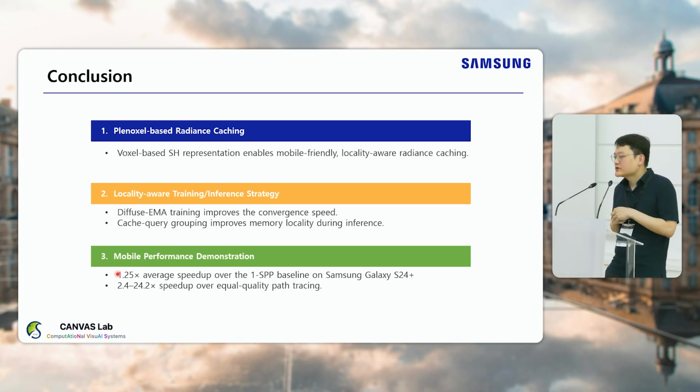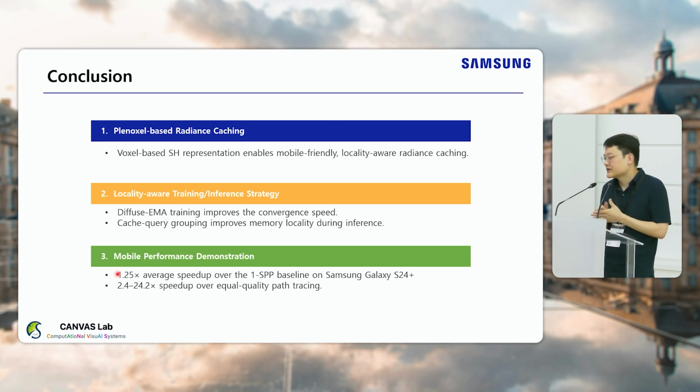So this is the conclusion. We propose a planoxel-based Radiance caching, and this representation enables mobile-friendly and locality-aware caching.